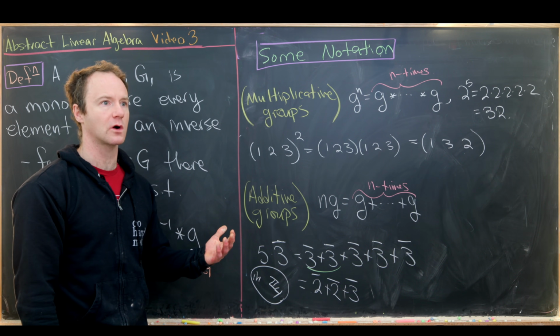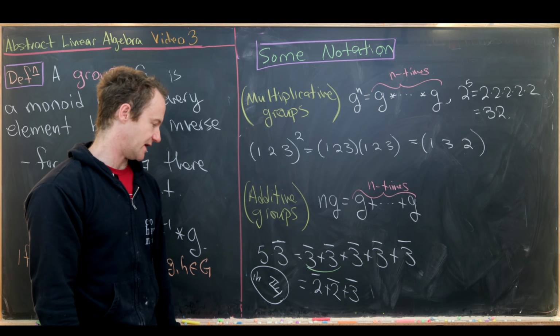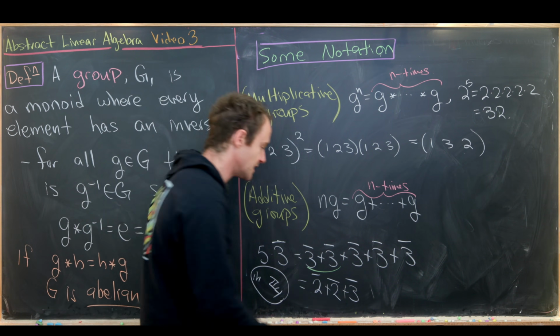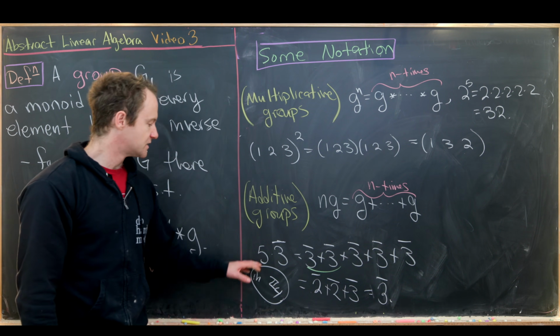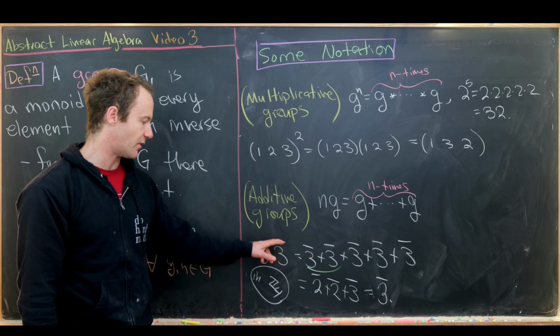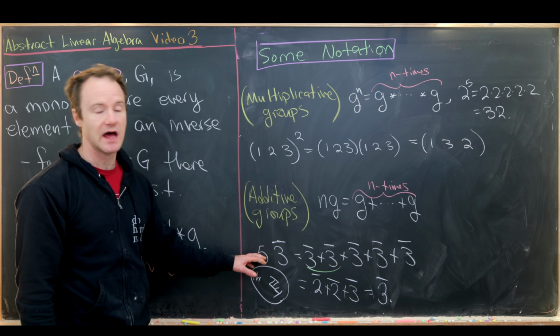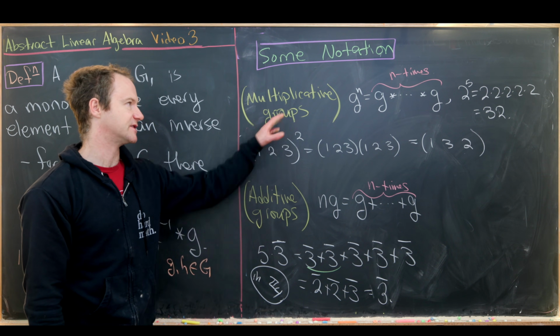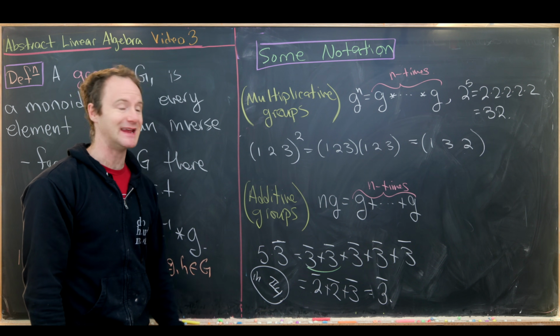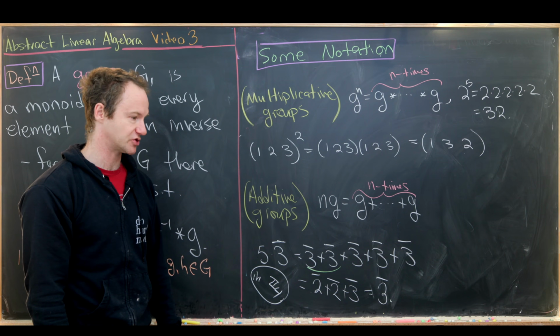Notice we get 4. Divide that by 4, we get a remainder of 0. So in the end, we get that this is 3 bar. Notice I was careful to put a bar over the 3 here, but not over the 5, because what I'm mimicking here is this exponentiation, this repeated application of my group operation.